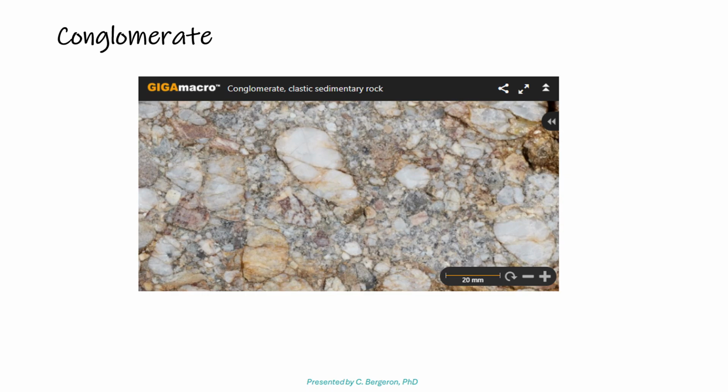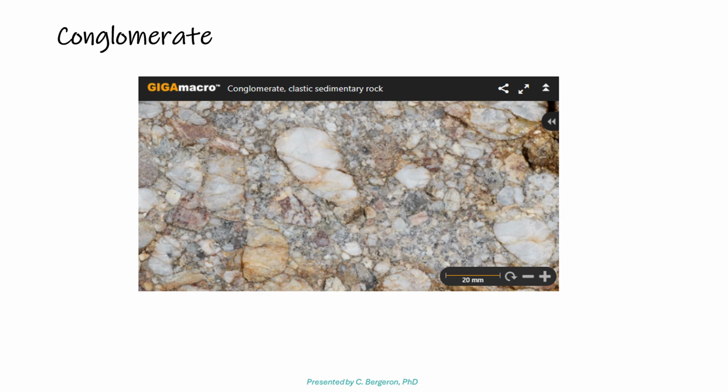But you can have pretty rounded clasts as well here. And so conglomerates form from the consolidation and lithification of gravel, and conglomerates are typically poorly sorted.